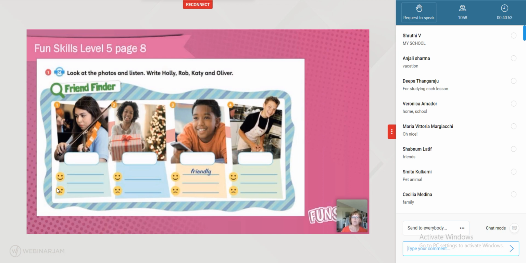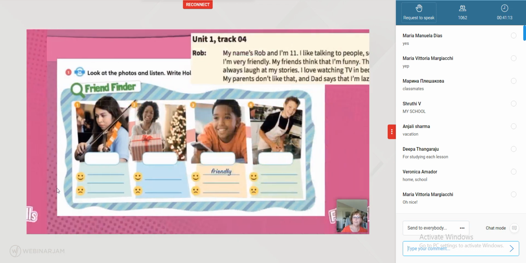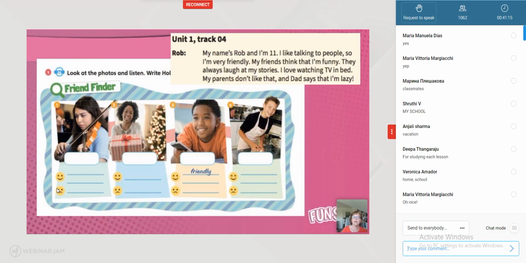So can you see the word friendly under number 3? Okay, so that's the first person we're going to hear about, and we've given students a visual clue that they will know that even though that's number 3, the first person they're going to listen to is Rob, okay?